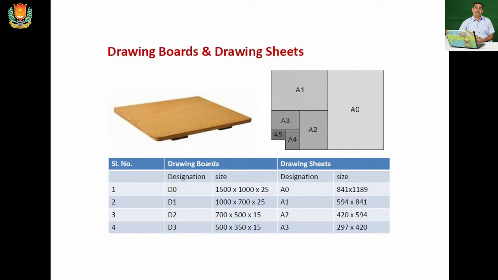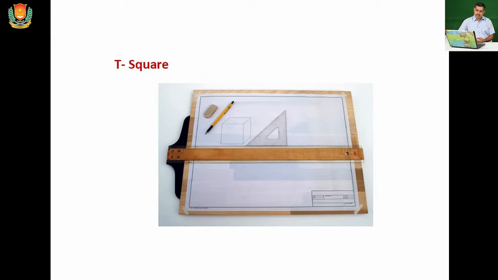If we are using the D2 drawing board, we will use the A2 drawing sheet. If we are using the D3 drawing board, then we will use the A3 drawing sheet. These are the standard dimensions of the drawing boards and drawing sheets.